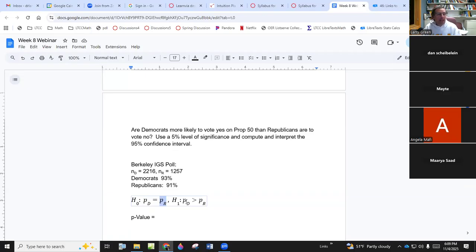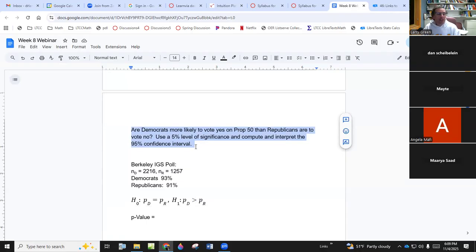And H1, what's the key word here that I was able to decide that it was a greater than? Or key two words? What's the key word in this question here that tells us what inequality to use? Because it's always going to be greater than, less than, or not equal to.